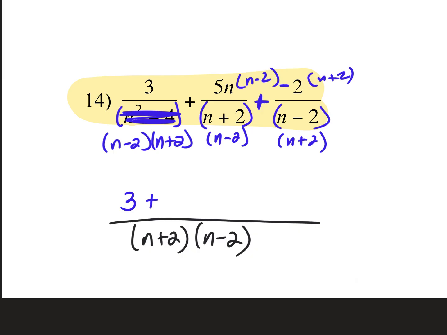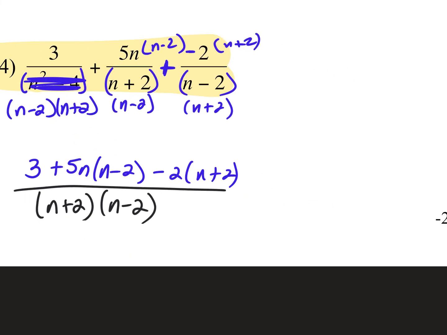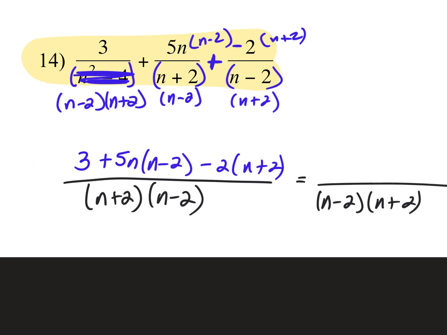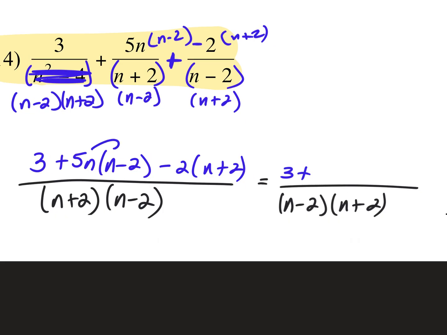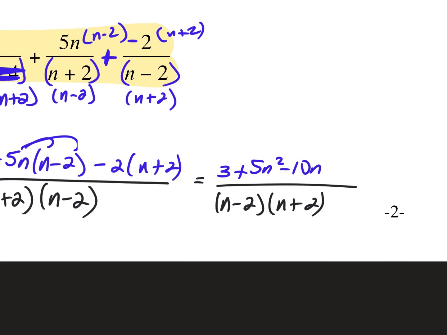So I'm going to rewrite my numerator: 5n times n minus 2, minus 2 times n plus 2. Now our denominator is going to stay the same, n minus 2, n plus 2. And we're going to simplify the numerator. So you have 5n times n is 5n squared. 5n times negative 2 is minus 10n.